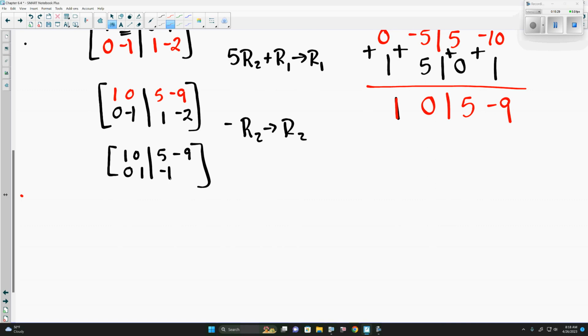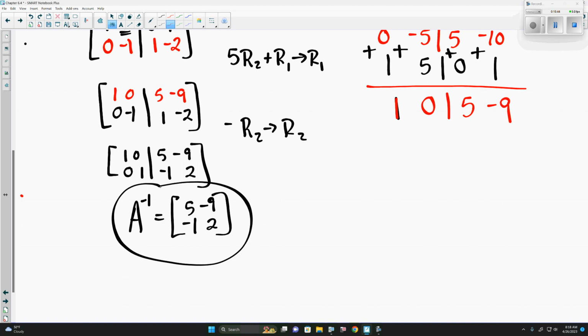But the other side is going to be negative 1, 2. Telling us that A inverse is the matrix 5, negative 9, negative 1, 2. There it is.